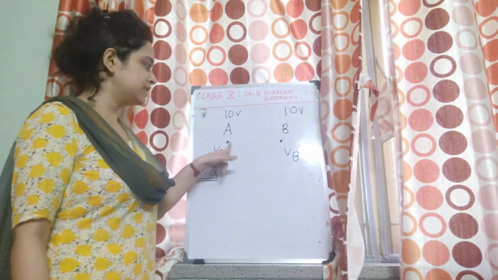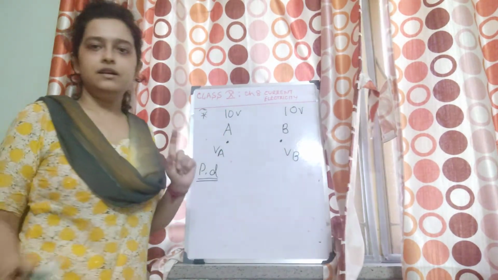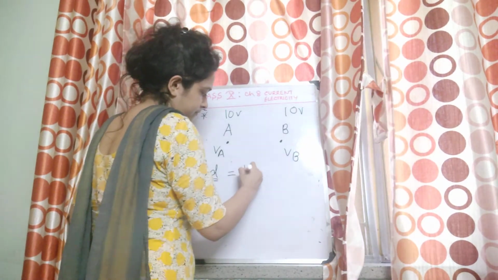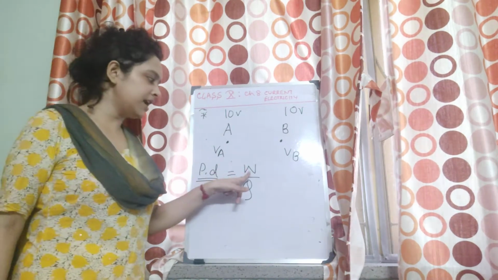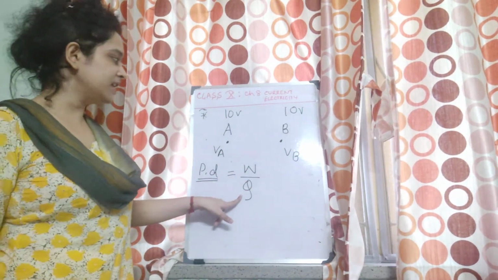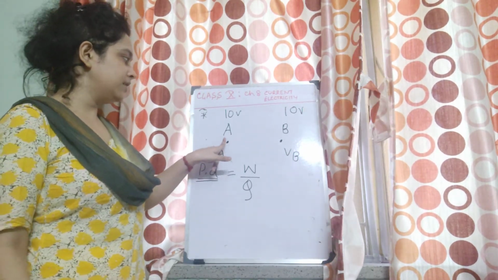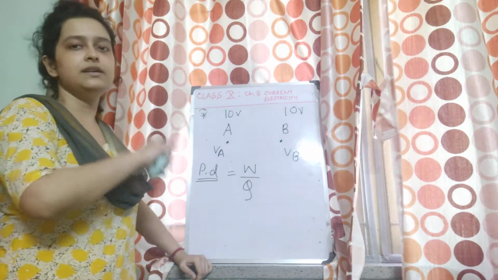Say I want to know the potential difference between A and B: work done per unit charge in bringing the charge from point A to point B is the potential difference between A and B.